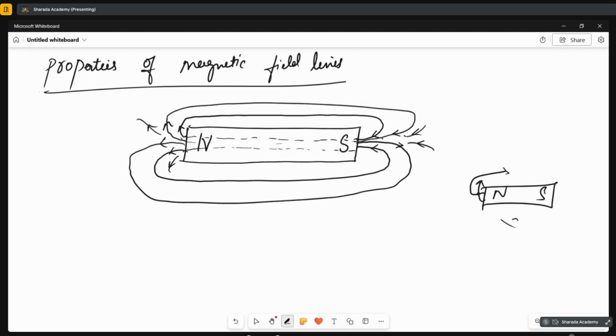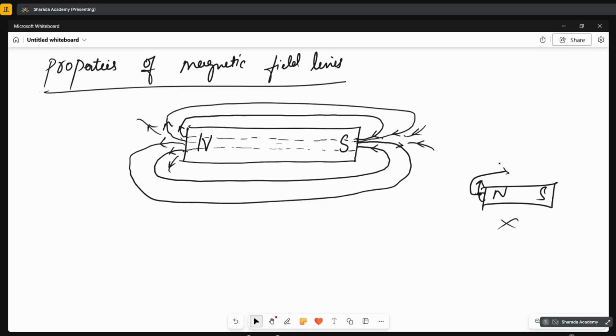Okay, this will not happen. So, what is the reason? If it intersects at some point, then one magnetic field will have two directions. So, this is not possible. Okay, so two magnetic field lines do not intersect each other.